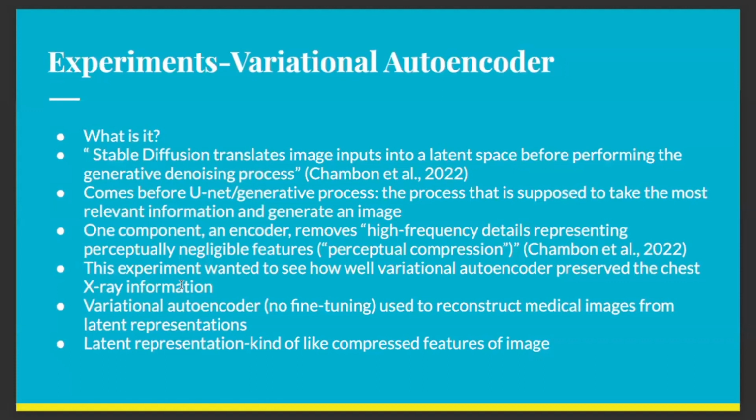And this first experiment wanted to see how well the variational autoencoder could reconstruct an image from these compressed features called the latent space, and how similar that reconstructed image is to the original image.